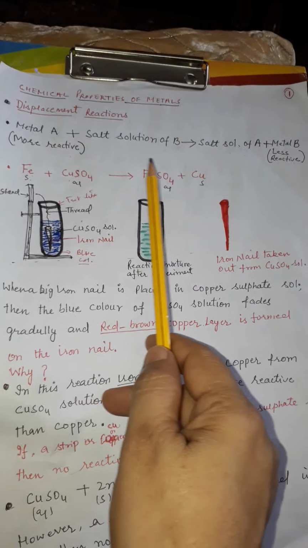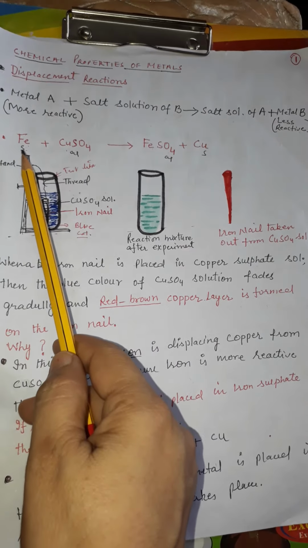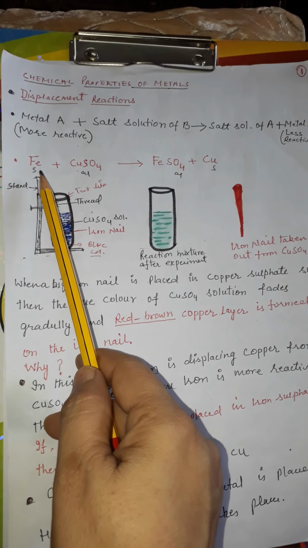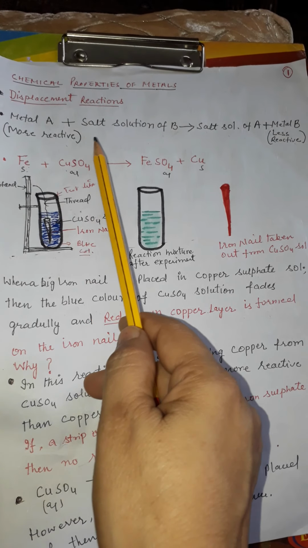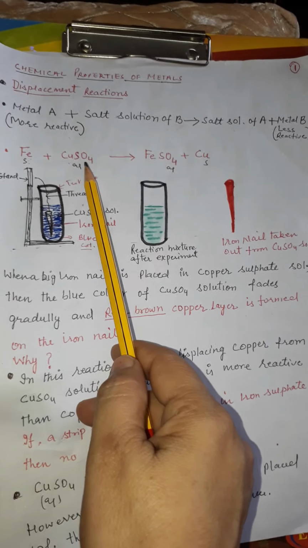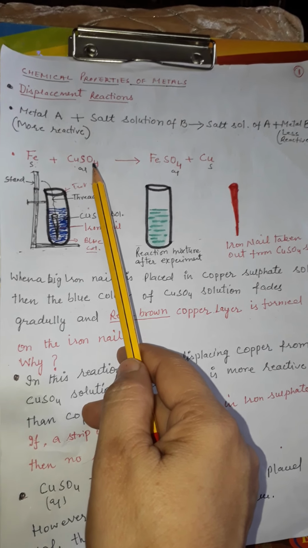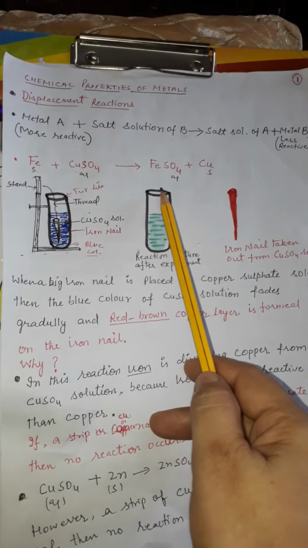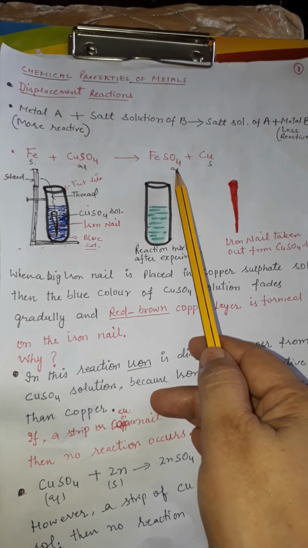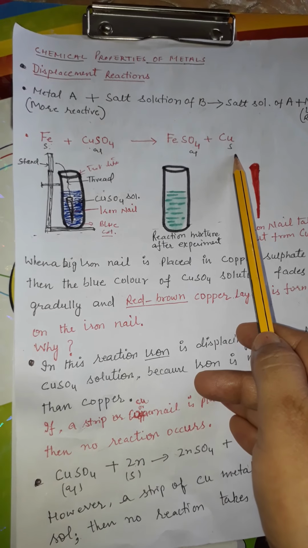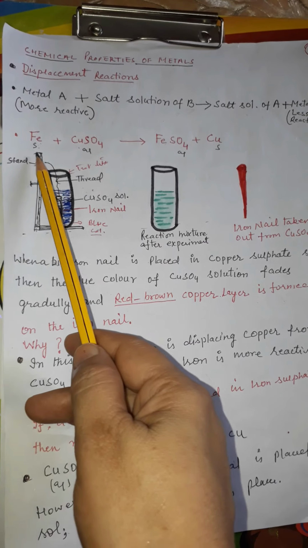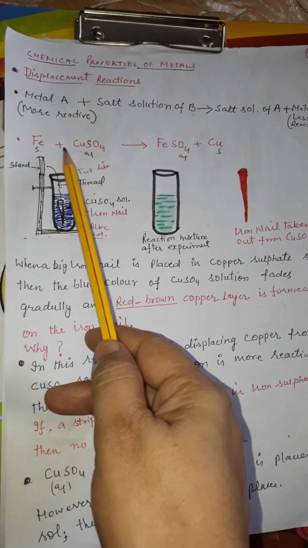Now in this reaction we will take metal A, iron. Iron combines with metal B, that is copper sulfate, and we get iron sulfate and copper. So in this reaction what happens?